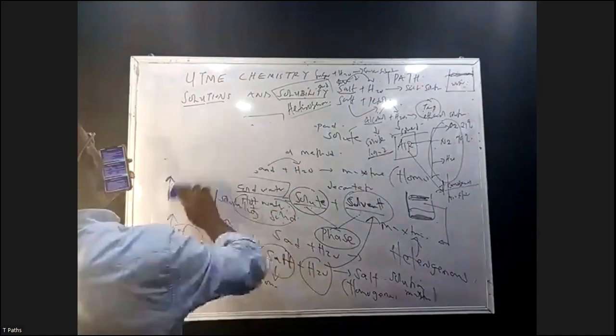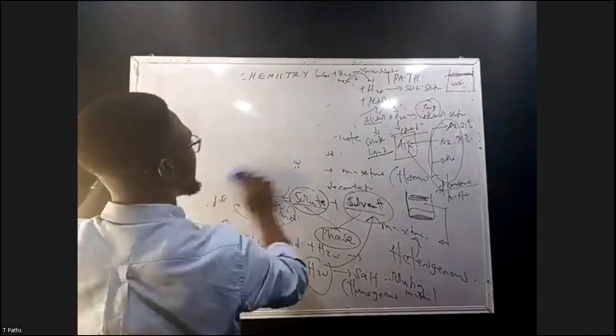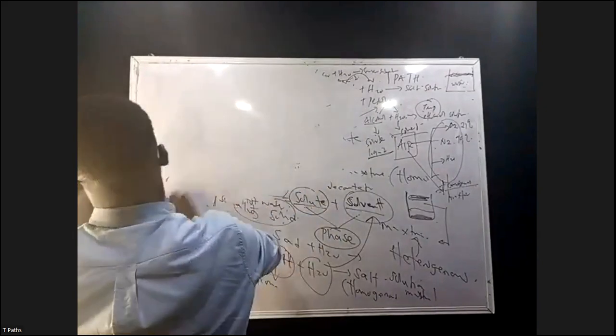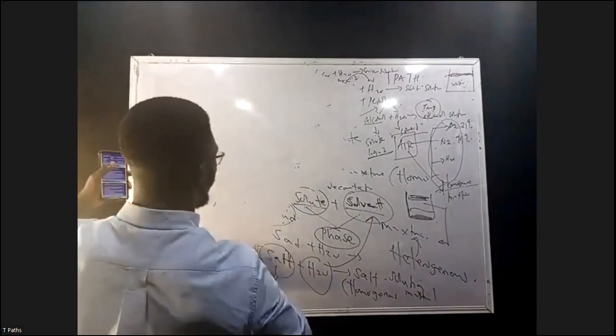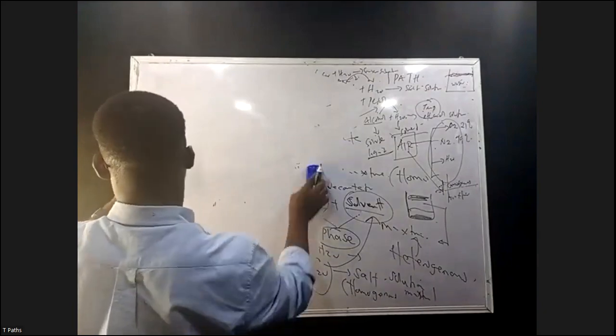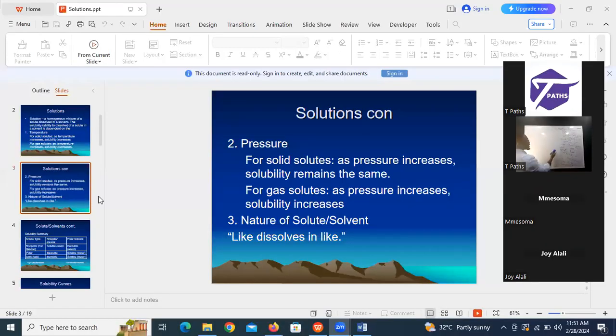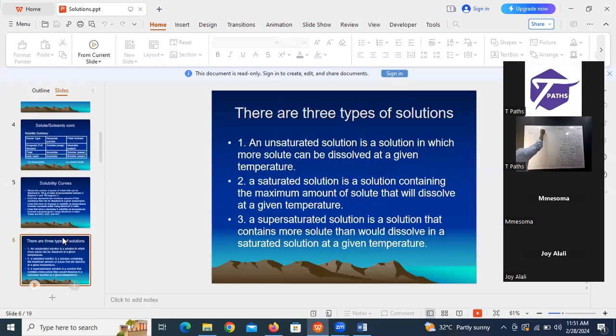Now, let's look at another part of what a solution is. Before we look at the different types of solution, we have three types of solution that you are expected to know.